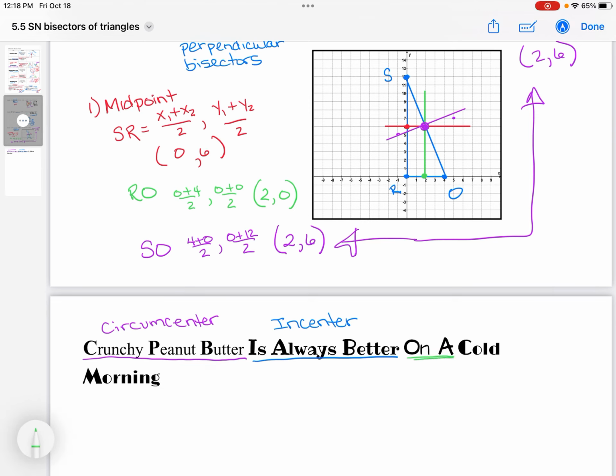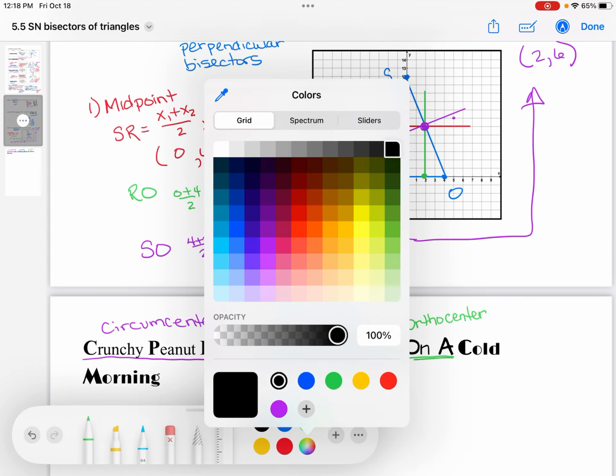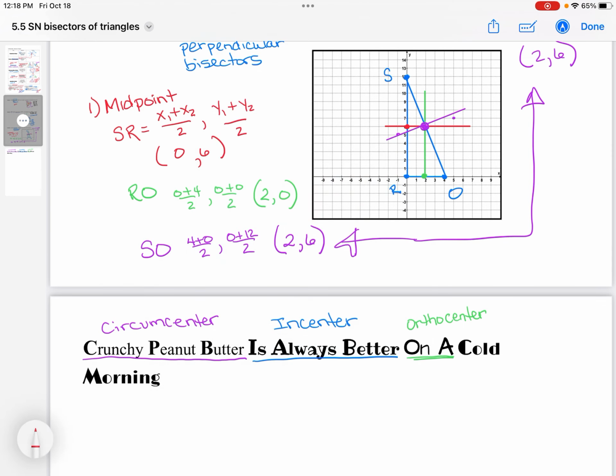And then we're going to do orthocenter, which is going to be our next lesson. And cold morning is going to be our centroid, which we're going to learn next lesson.